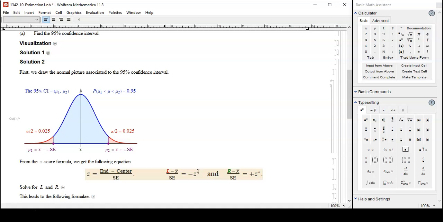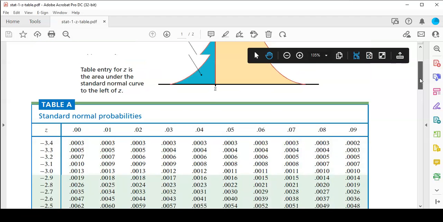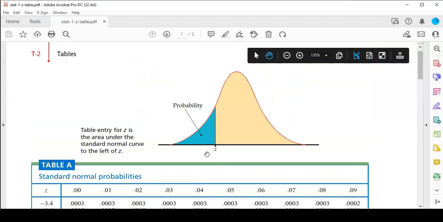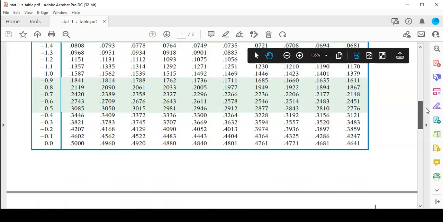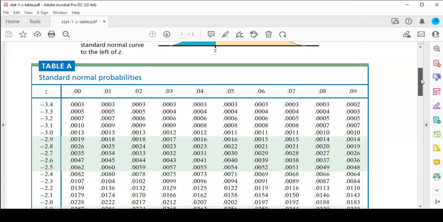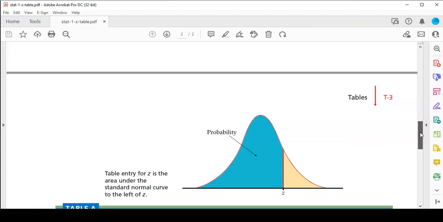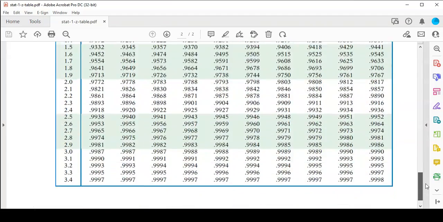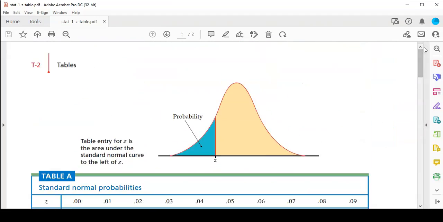Now, in the left-hand side, I'm going to get a negative value for my z-score. And that's always the case. Here's a z-table, by the way. Whenever I have the left-hand side shading less than half, I'm going to get all the negatives here. And whenever I have left-hand side shading more than half, I have all the positives. That's because the center is 0 for the standard normal.